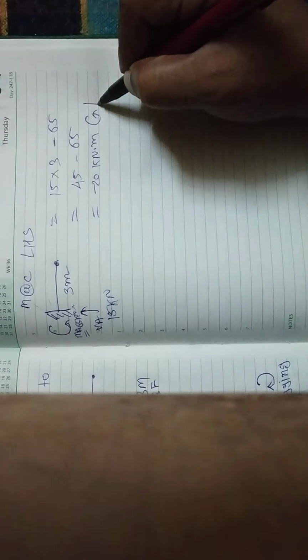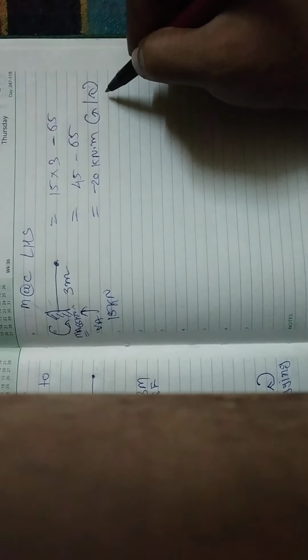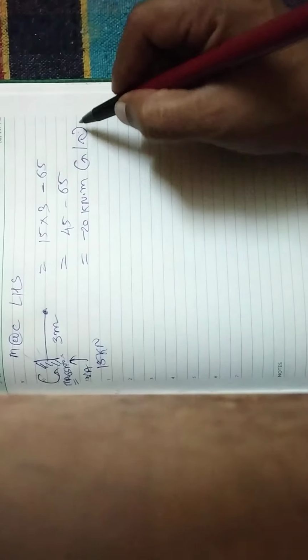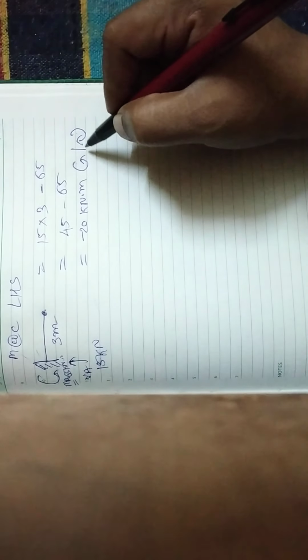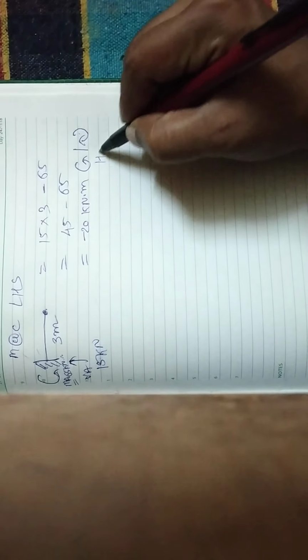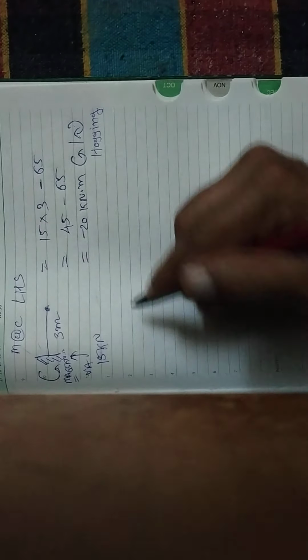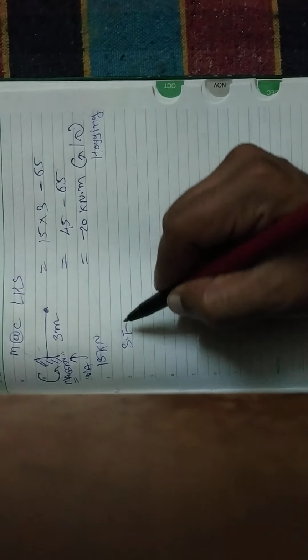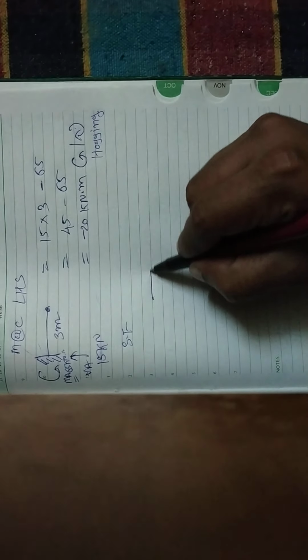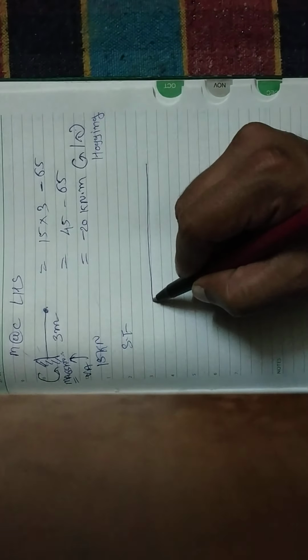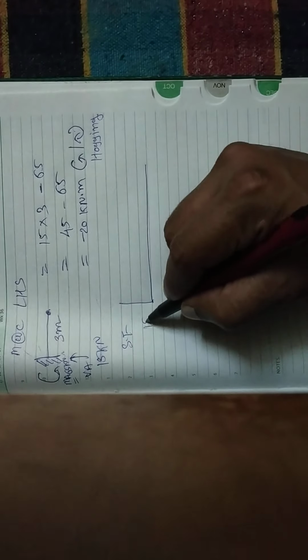So LHS anti-clockwise, and RHS we already got the value, which is 20 kilonewton meter clockwise. All right, so LHS anti-clockwise, RHS clockwise. So once again you can say it's hogging. All right, so let's draw the shear force diagram of this given beam. First of all, VA you will get as 15 kilonewton.